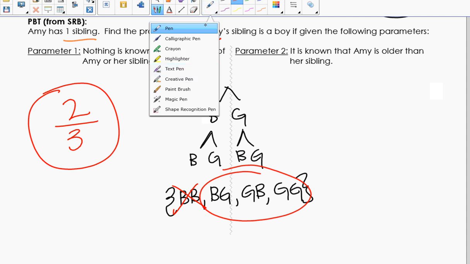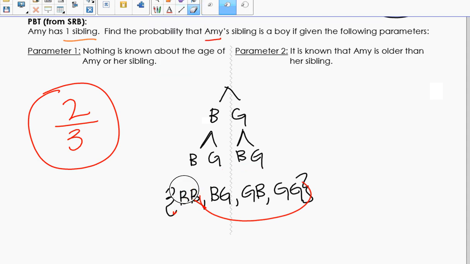Now, let's get rid of that, refresh it for the next one. Here it says, it is known that Amy is older than her sibling. Okay, so again, boy isn't possible. And now it says Amy is older than her sibling.